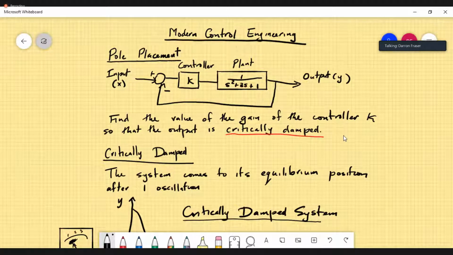All right, so now let's go back to the problem. It says find the value of the gain of the controller K, which will cause the output Y to be critically damped.